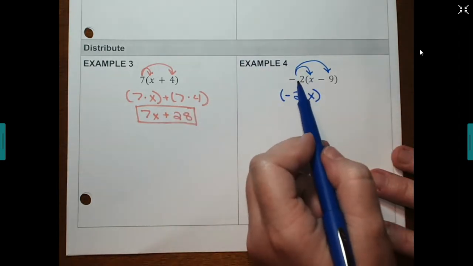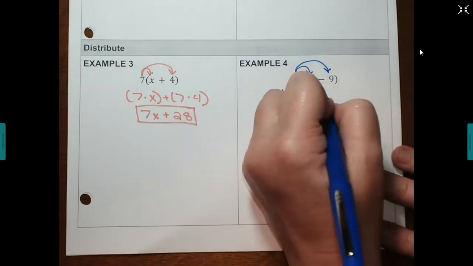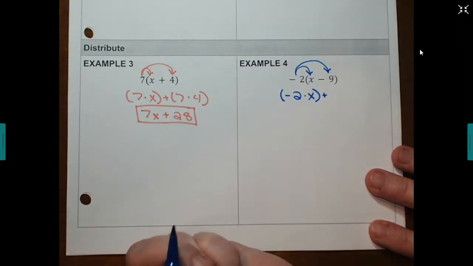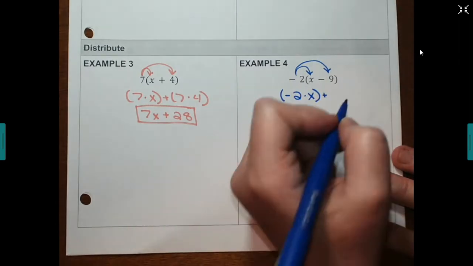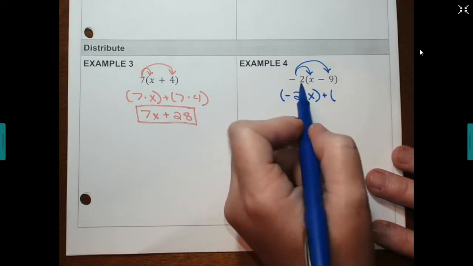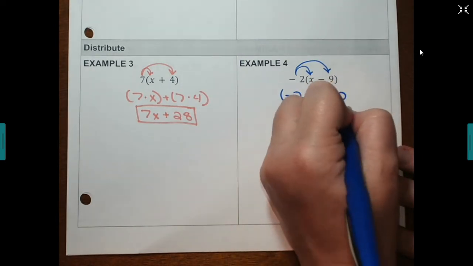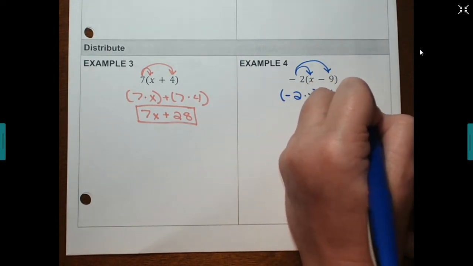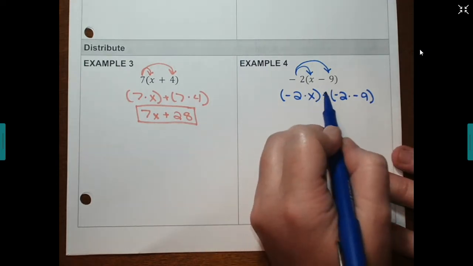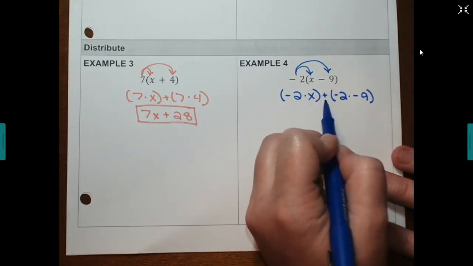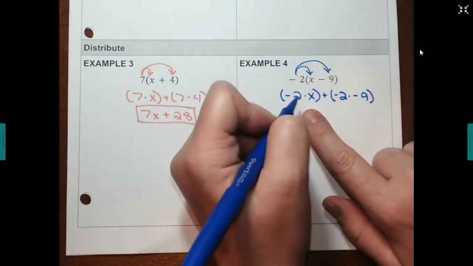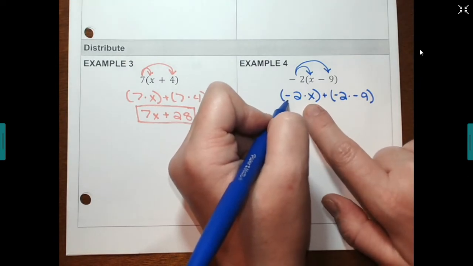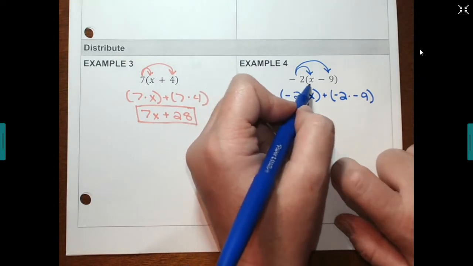So I can see that I did my negative 2 times this one. This is always going to be a plus in between when we're doing our first step in distribution. Negative 2 times negative 9. You don't want to start goofing around with this plus sign because you always want to make sure that you're getting your negatives and everything inside here exactly as they appear up here.